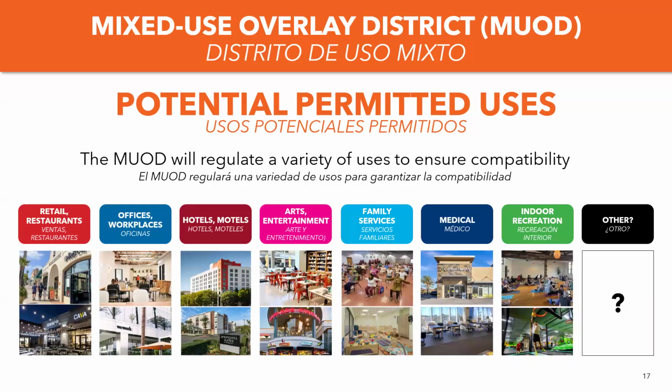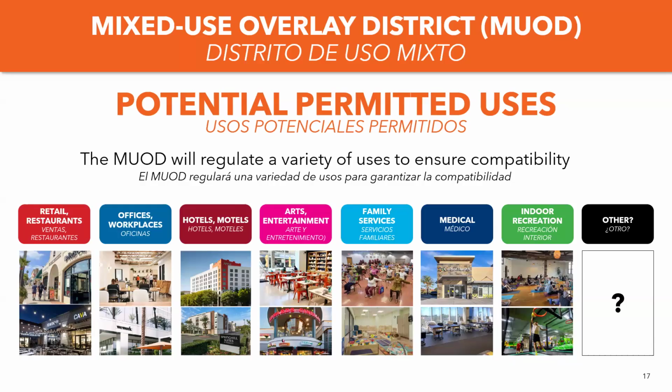Retail and restaurants, like stores and markets, cafes and other services; offices and workplaces for business and professional services; hotels and motels, possibly with small built-in convention spaces; arts and entertainment uses like bars, movie theaters, arcades, etc.; family or social services like senior facilities or daycares; medical uses like clinics, dental offices, spas; indoor recreation uses like gyms, fitness centers, indoor play areas.